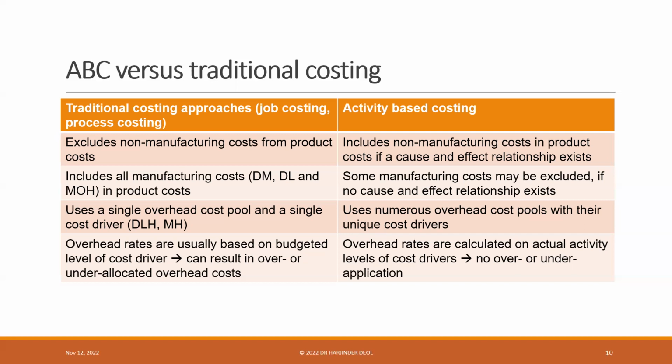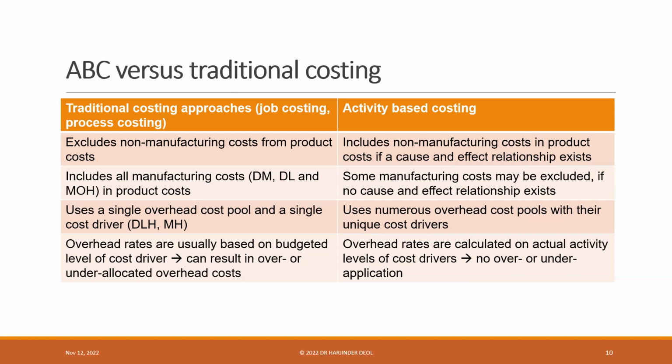Similarly, under traditional costing approaches, we include all manufacturing costs, which means direct materials, direct labor, and manufacturing overhead in product costs. Activity-based costing, though, would argue that some of the manufacturing costs can be excluded if we are not able to establish a cause and effect relationship between the activity level and that related cost.